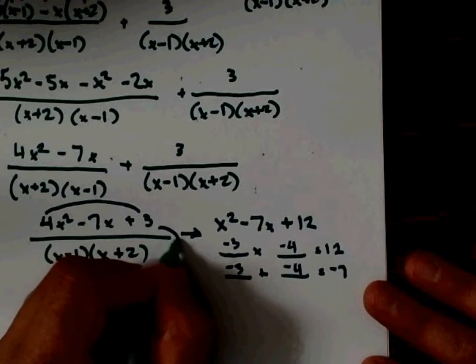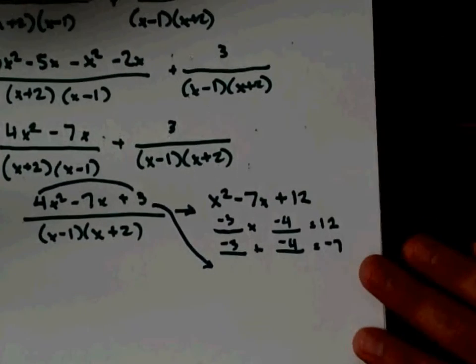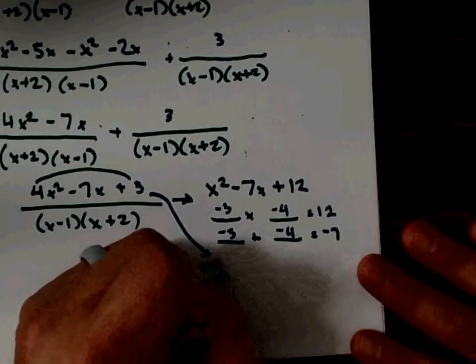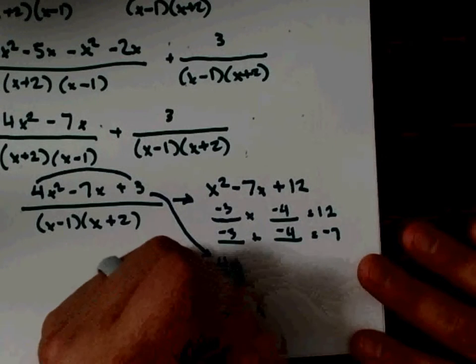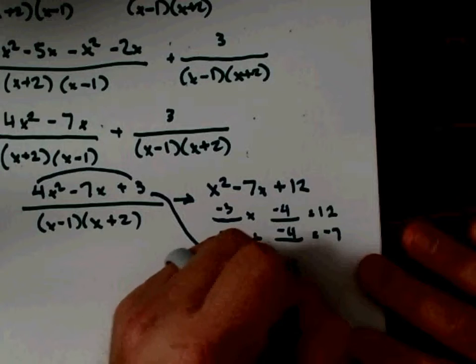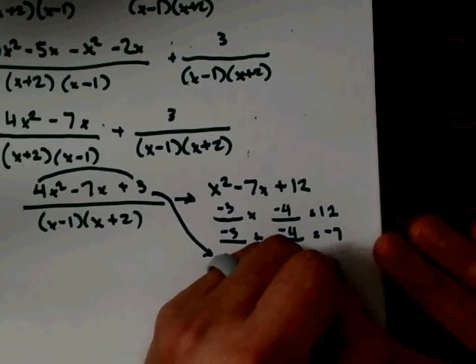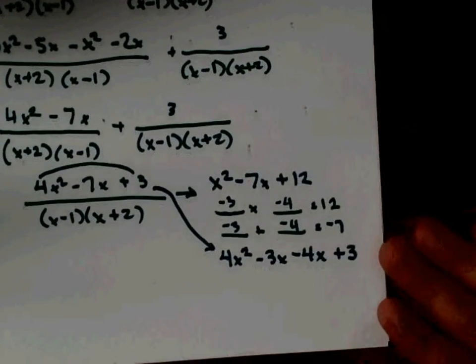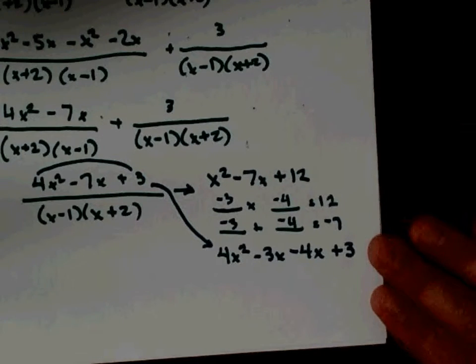And so now I plug that in to my original equation. 4x squared minus 3x minus 4x plus 3. Okay?